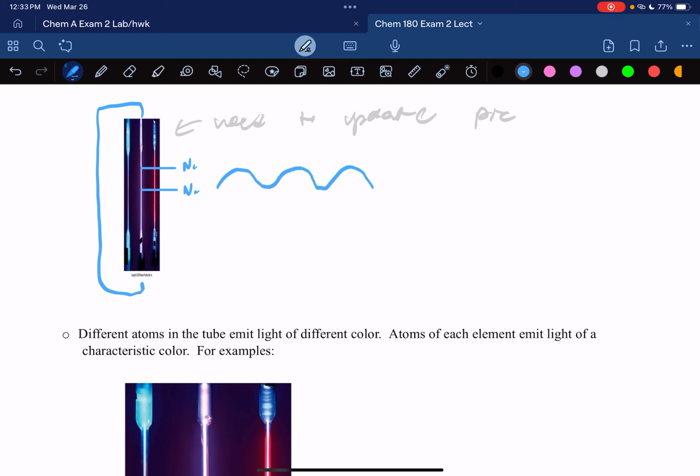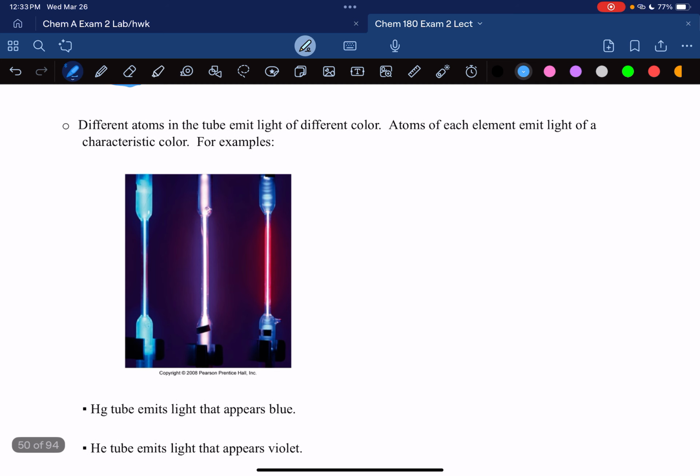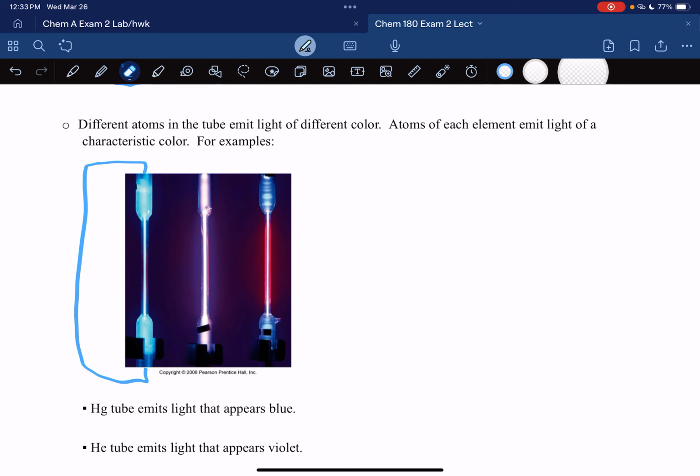Now if I use something else inside, for example mercury gas particles, and again I energize that, it's not the orange red light but a different kind of light. In that case, it appears to be blue.